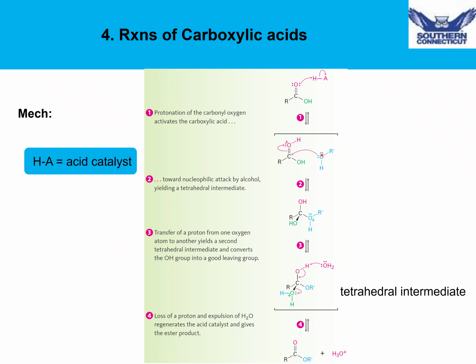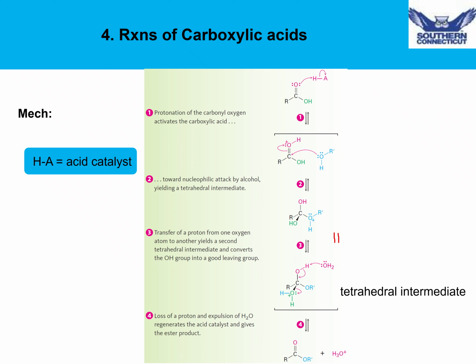Then water will add to the carbonyl of the carboxylic acid, breaking the double bond, leading to this intermediate, which then loses a proton. So although not shown here, another water molecule can come along and pick up this hydrogen. So that would occur as follows.